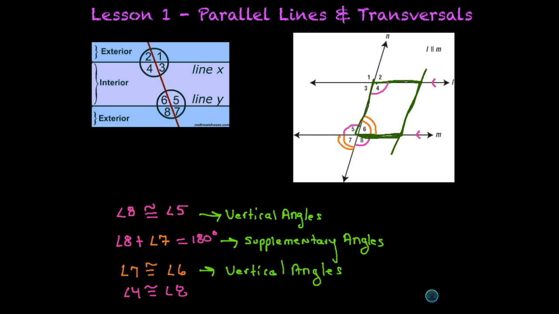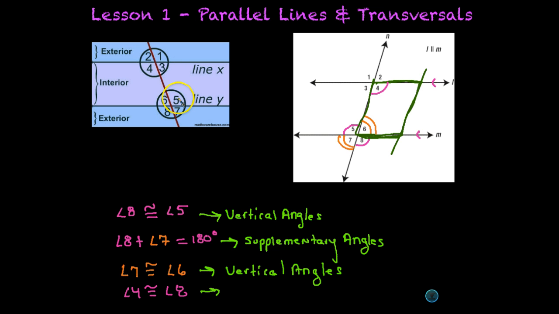Now our reason is not going to be because it's inside of a parallelogram, because we just drew that. That doesn't exist. The reason is going to be because these are corresponding angles. Think about where they lie on the parallel lines. Look up here at this blue and gray one. Angle 3 and angle 7 are in the same location on each of their parallel lines.